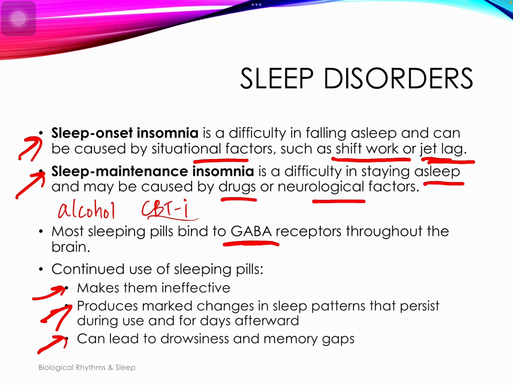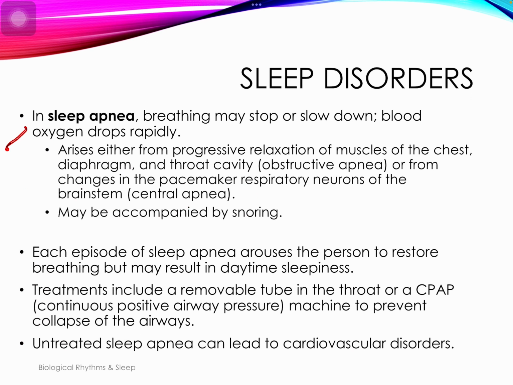So just be careful of that. Certain sleeping pills, if you use them long term, can cause some drowsiness and memory gaps. There's been some indication that some sleeping pills are also potentially related to certain cancers, and so there's still a lot more work being done on that. But again, sleeping pills really should be a temporary solution, along with something like CBTI to help manage that insomnia.